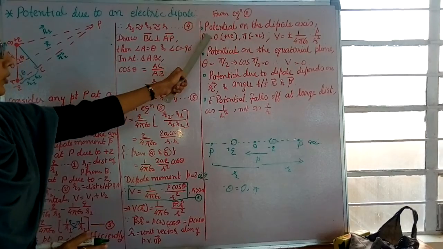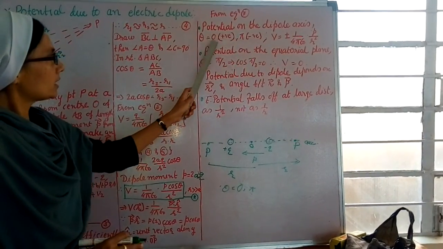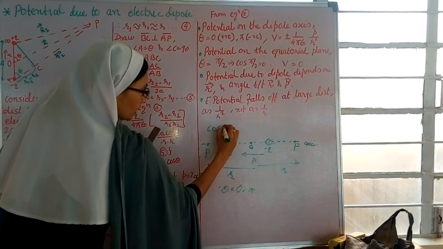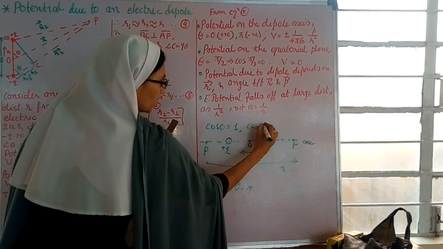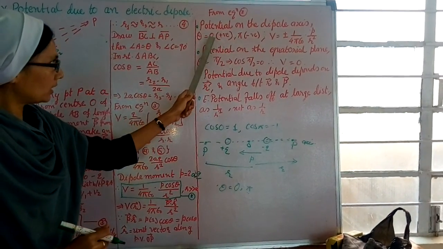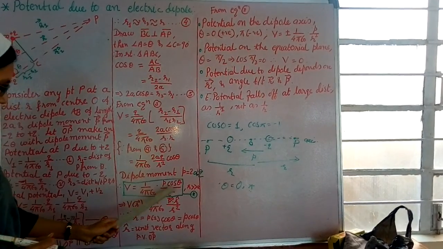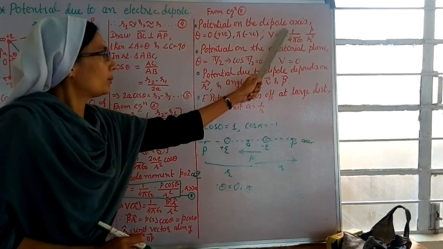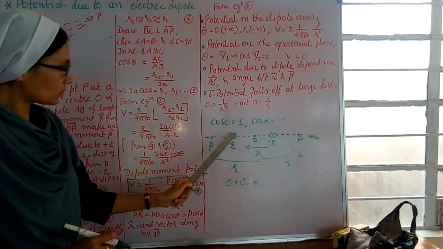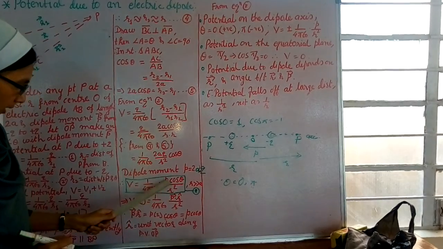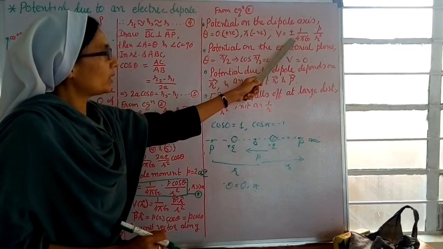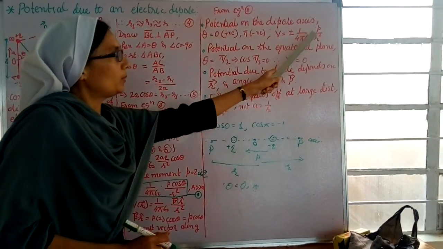So potential on the dipole axis: theta equal to 0 means cos 0 is 1, and cos pi is minus 1. If theta is 0, from this equation I get plus 1 by 4 pi epsilon p by r square. But if the angle is pi, cos pi is minus 1, so this equation becomes minus 1 by 4 pi epsilon p by r square. The plus or minus is because of the angle between p and r.